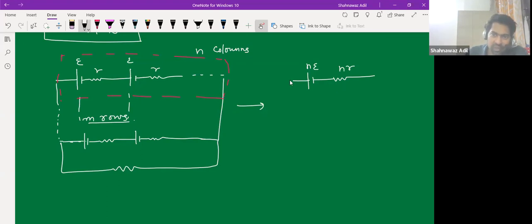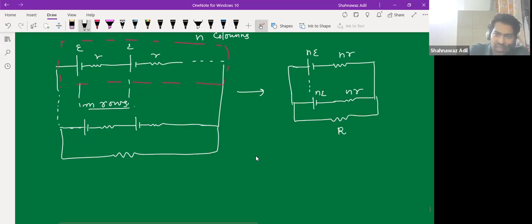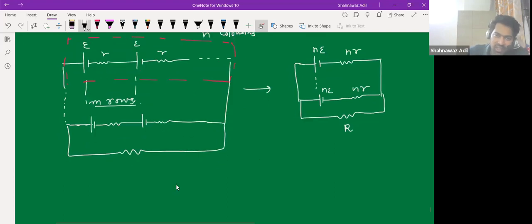Yes, sir. Yeah, and then we have this M, right? So NE and NR. And then these are one single cell connected to this resistor, right? So now we can find out what is the E equivalent from this case.